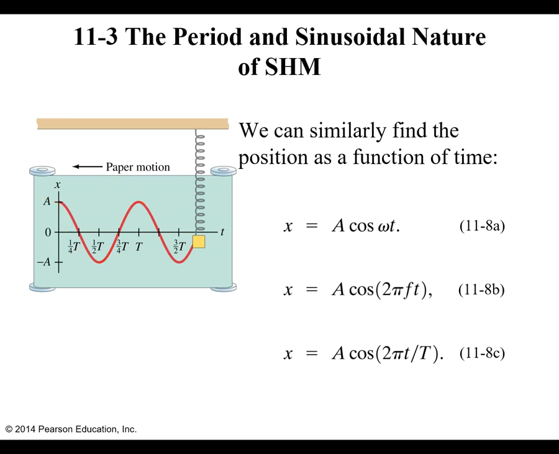Well, we know that cosine has to be of some angle theta, but omega is equal to theta over time t, so this becomes A times the cosine of omega t. Now, what is the omega? Well, it's what we just found out in the last slide. Omega can be 2 pi f, or it can be 2 pi over the period T. And so you get this simple equation for finding the position of a simple harmonic oscillator at any point in time.